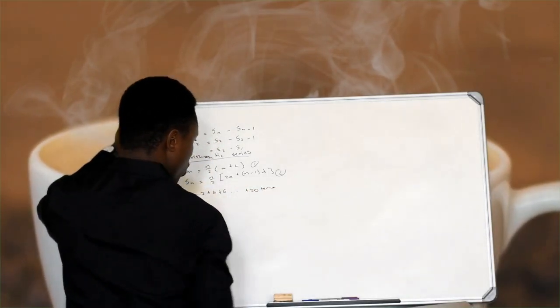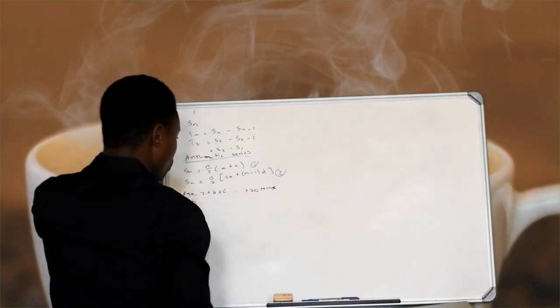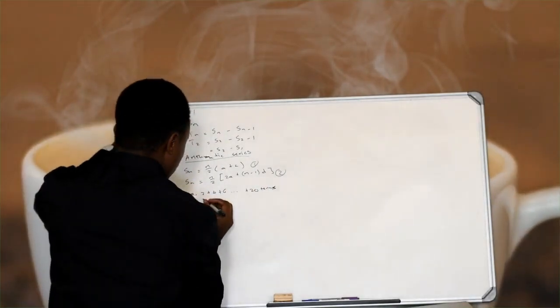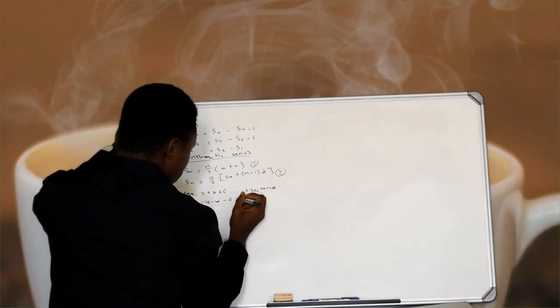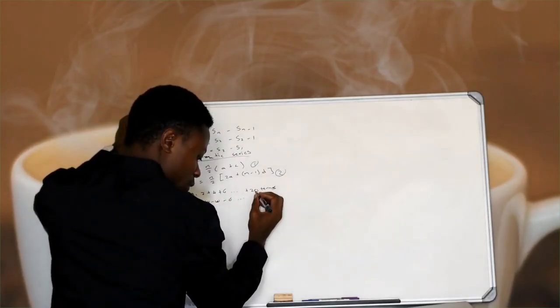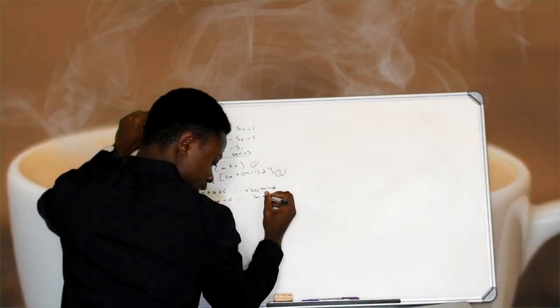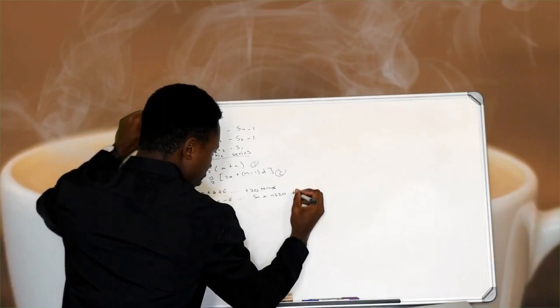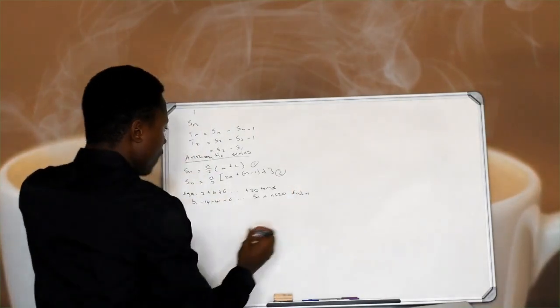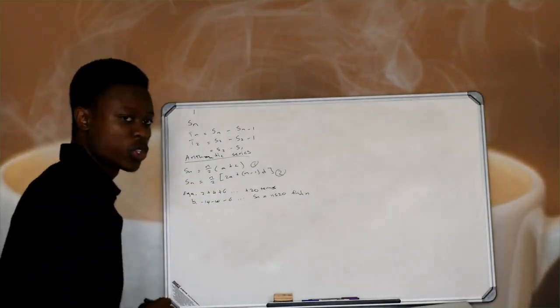That's what we're going to be looking for in the first example. Example B is going to be negative 14 minus 10 minus 6 and so on, and then we're going to say Sn is equal to 11520. Find n. These are our two examples.